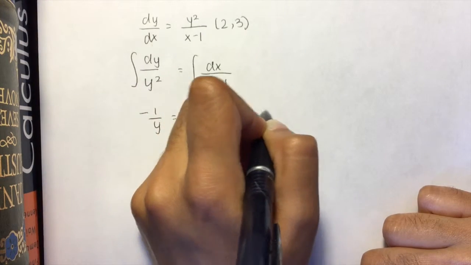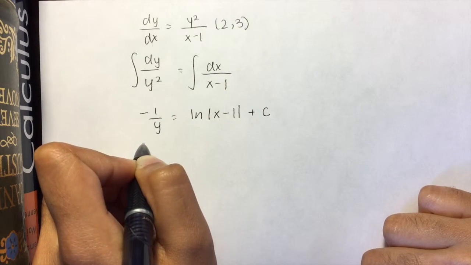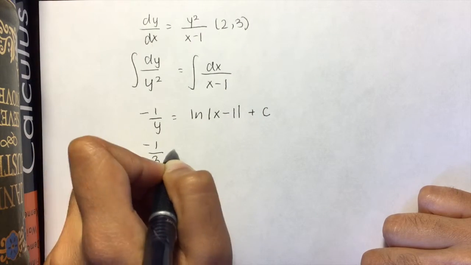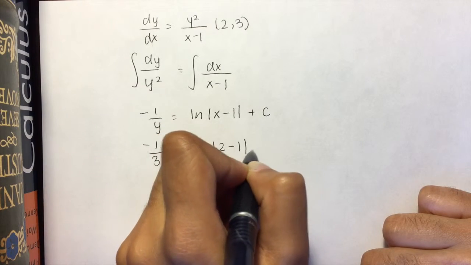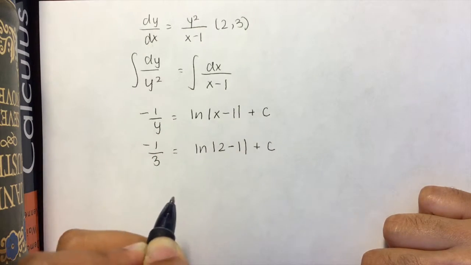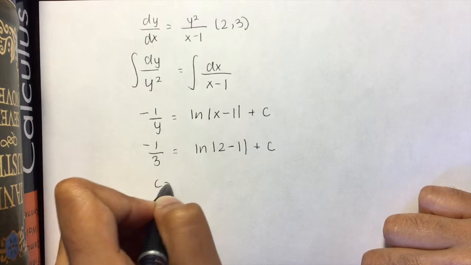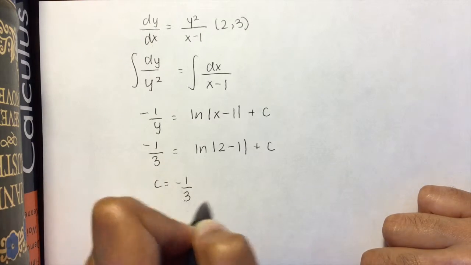Don't forget about the plus c. Then we plug in the initial condition. Solving for c gives us c equals negative 1/3.